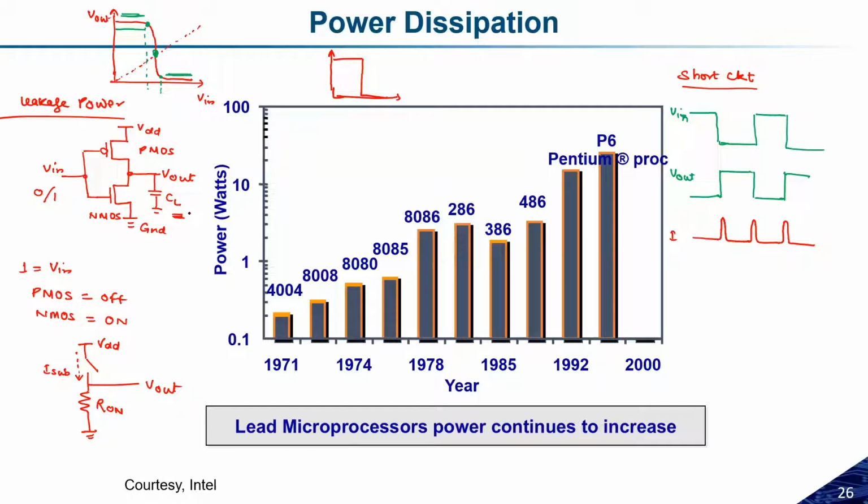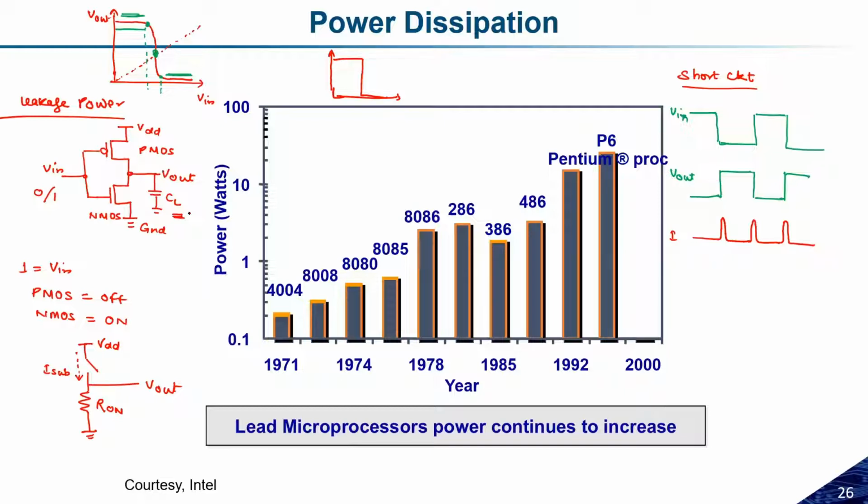So if charging and discharging is fast, the transition will be faster. To make the transition time smaller, we have to reduce the RC time constant, and to reduce the RC time constant, we have to reduce the load capacitances.